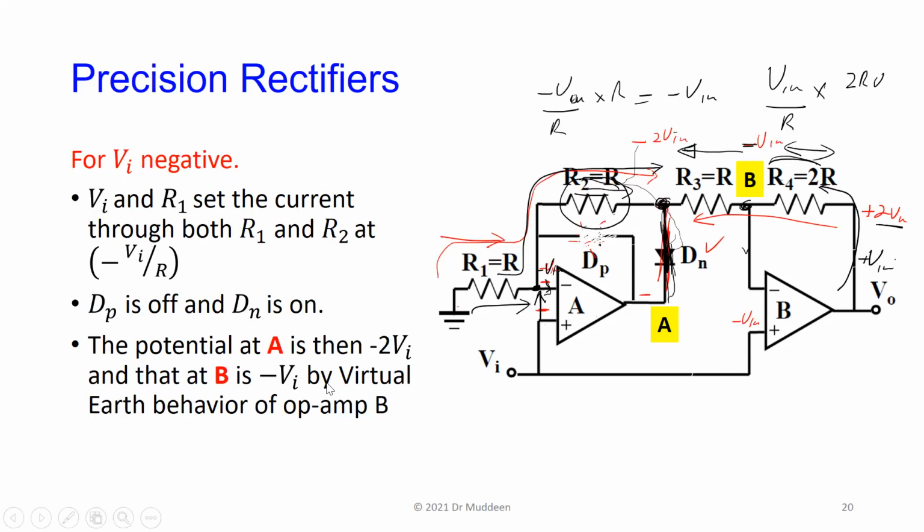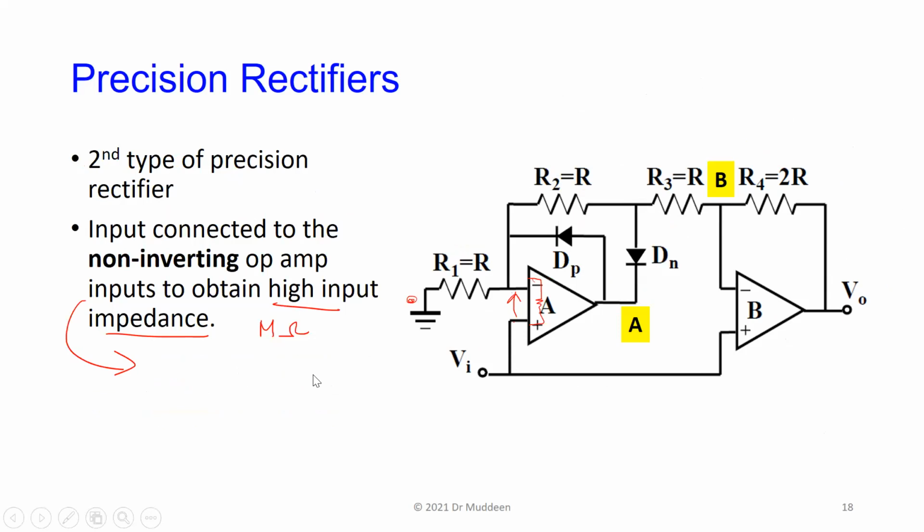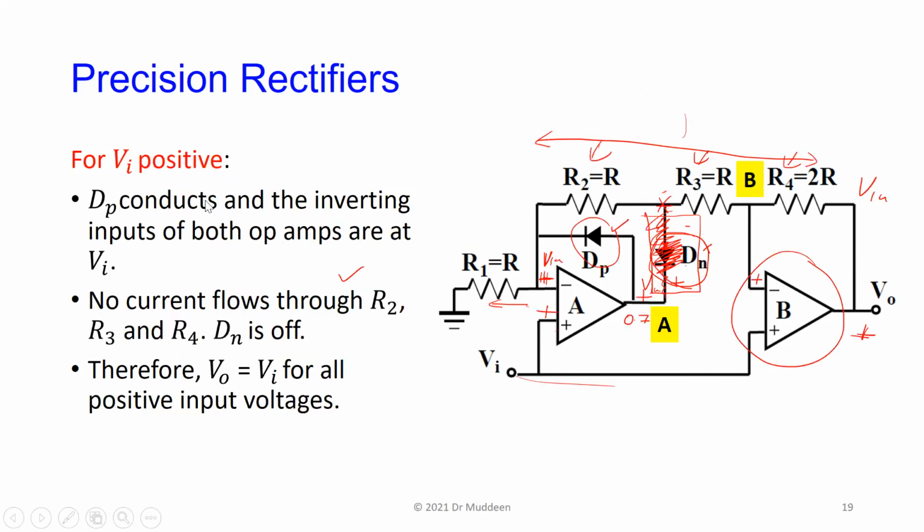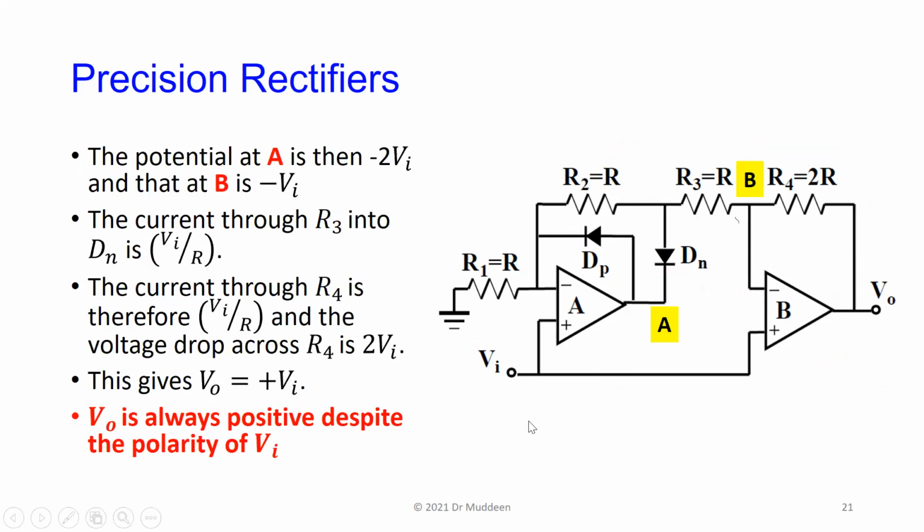So in other words, the output again is positive. For the first part, when Vi was positive, the output here was whatever Vi was, right? So Vi positive, the output here is also positive.